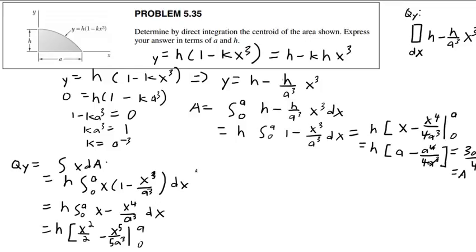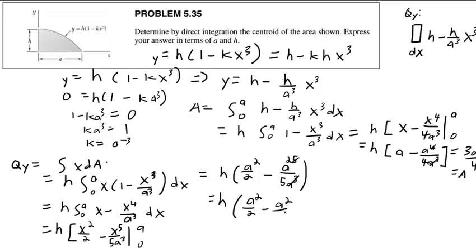Okay. And so then this will be simply h times a squared over 2 minus a to the fifth over 5a to the third, which becomes squared. So this is h times a squared over 2 minus a squared over 5.